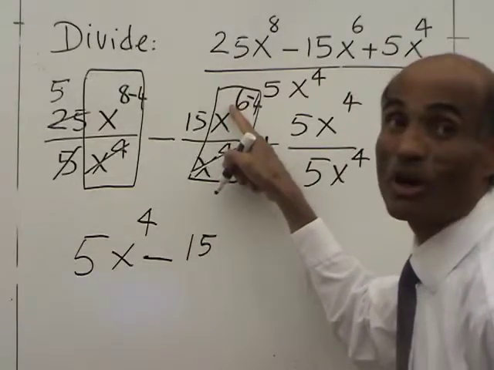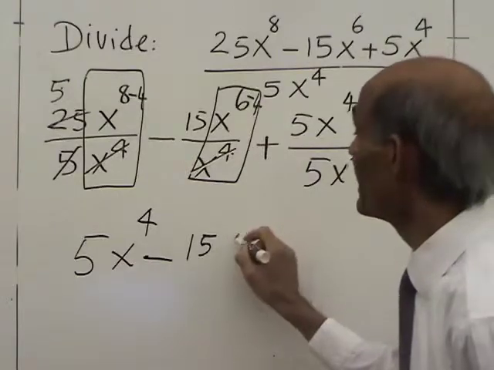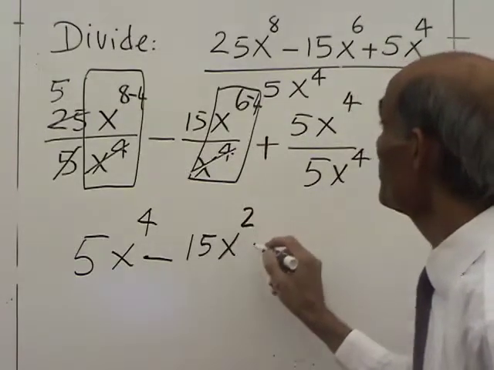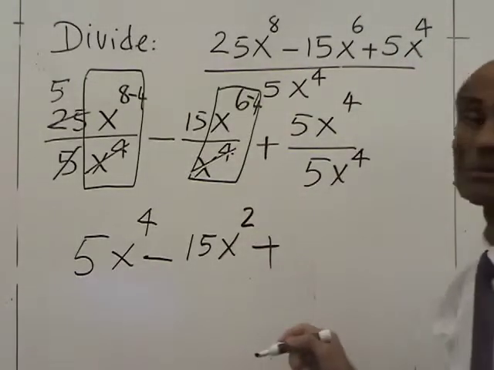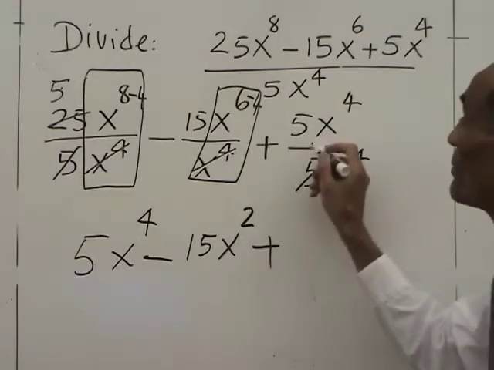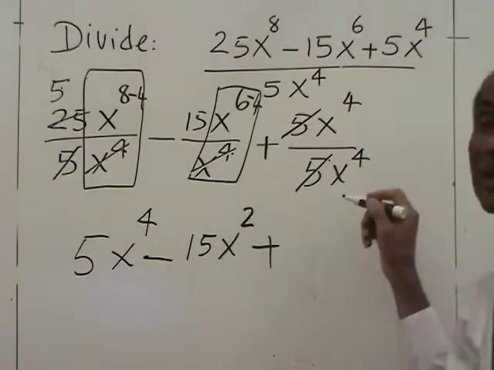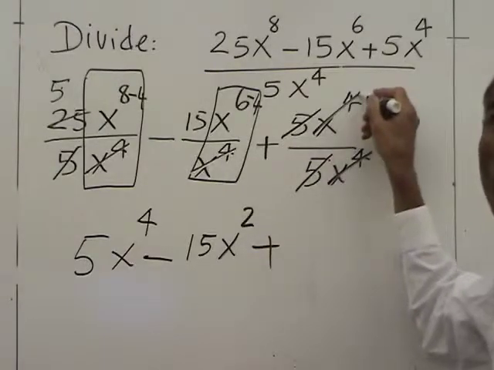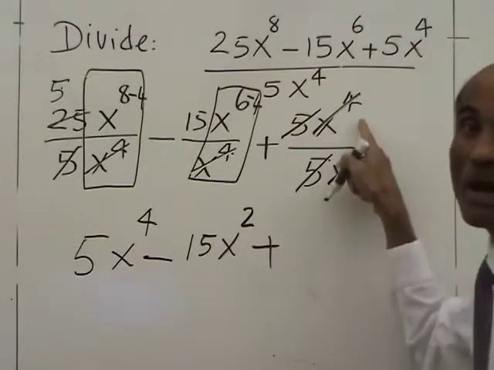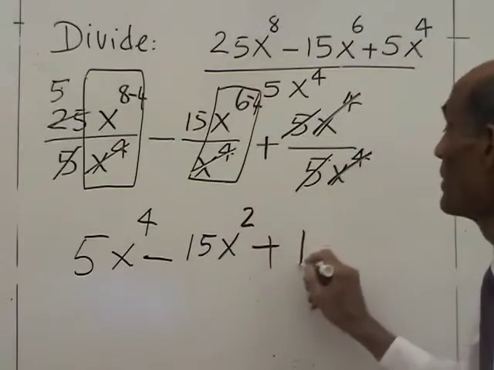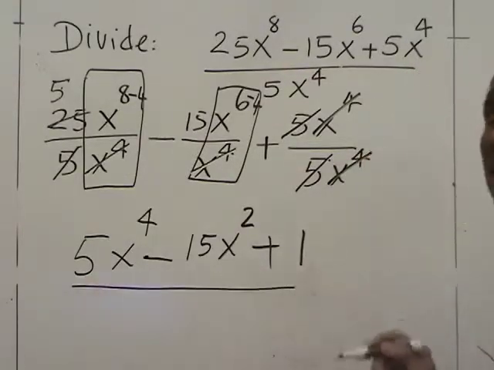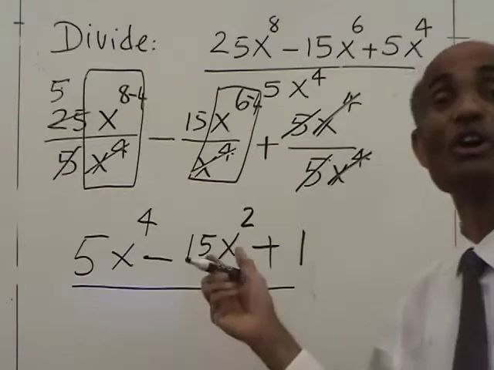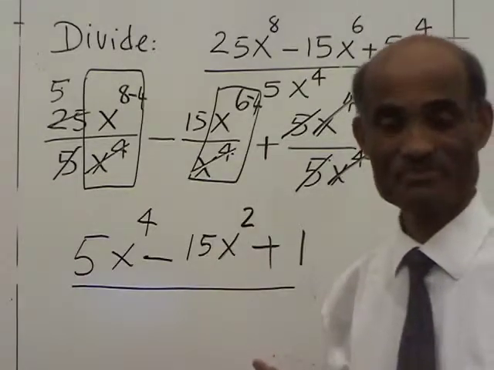X to the power of 6 minus 4 is x to the power of 2, plus. Here 5 will cancel with the 5. X to the power of 4 will cancel with x to the power of 4. What is left here? 1 divided by 1, which is 1. So that is the answer for this simplification.